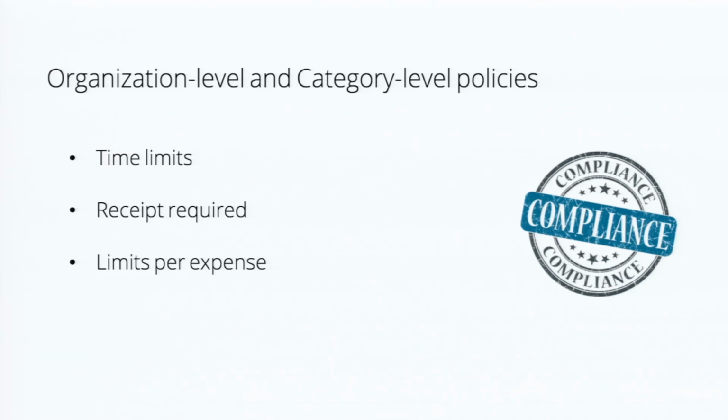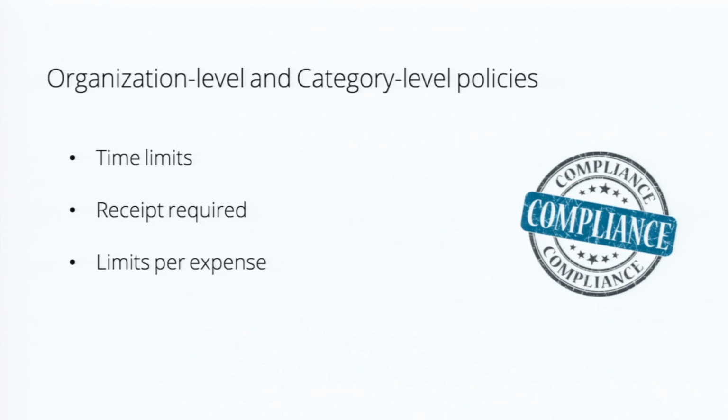Or they can say, I do not want to allow any expenses more than, say, $1,000 or $2,000. So they can enforce limits per expense, or they can enforce limits per category. You say, entertainment, more than $1,000? No. But travel, more than $5,000?